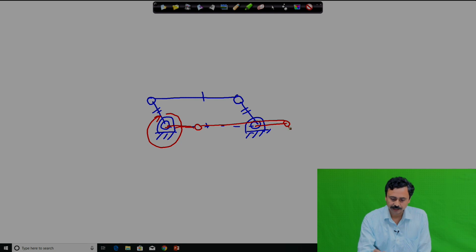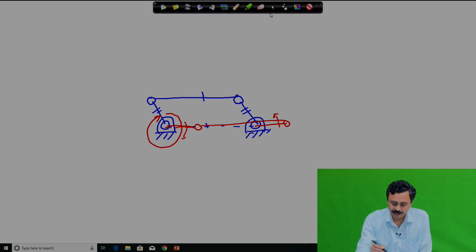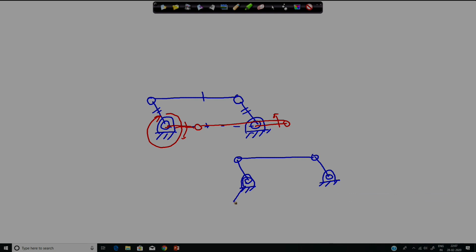Now, at this configuration, what can happen is this can go down and this can move up, there is a possibility. To remove this possibility or to prevent this uncertainty, you can use redundancy in the mechanism by putting another parallelogram linkage.